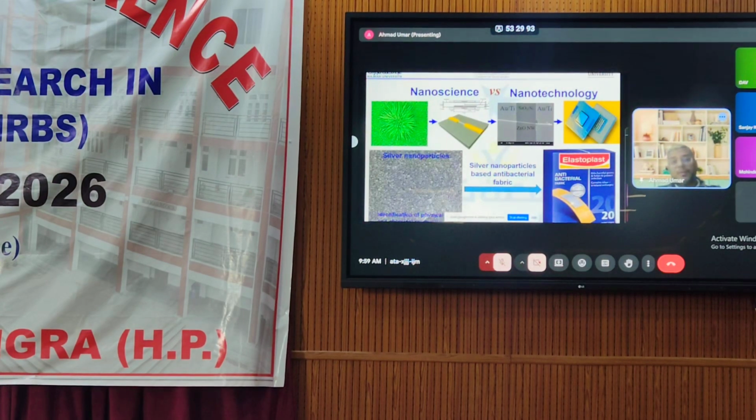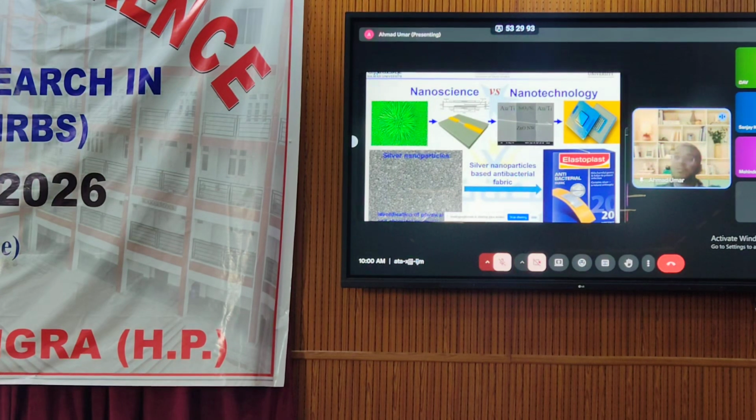Here we need to understand one more thing: there is a difference between nanoscience and nanotechnology. Nanoscience is the science where we study the growth, properties, and characteristics of nanomaterials.